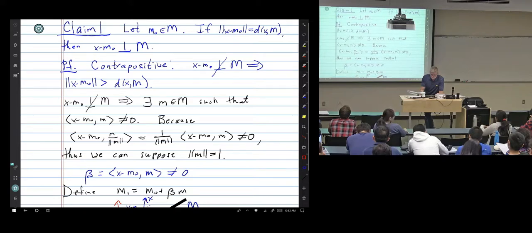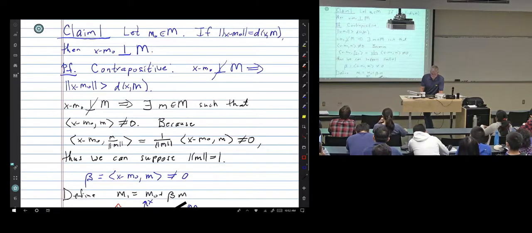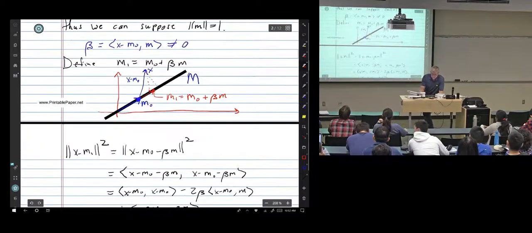And then you take a step in the direction of that, like the step where you said M1 equals M naught plus beta M. So you don't have to say that you're actually going closer to x in this step.